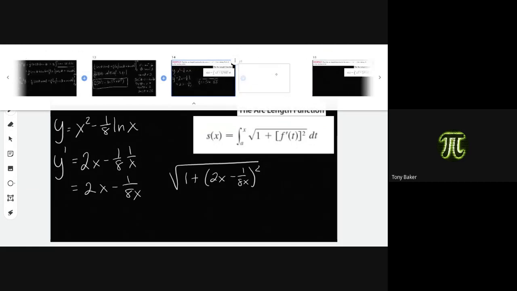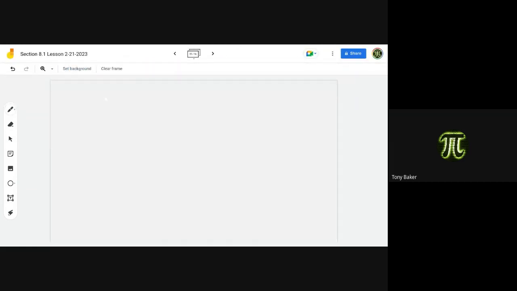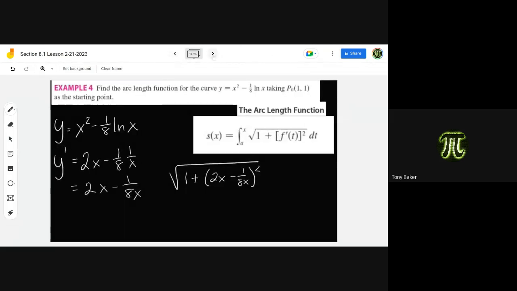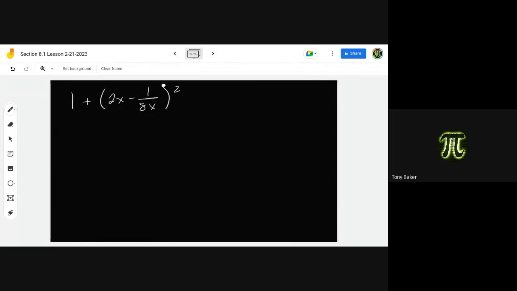let's just do this on a different screen. So I had 1 plus 2x minus 1 over 8x, squared, right? Yeah. All right, so 1 plus, so that's the same thing as saying that times that. So 2x times 2x is 4x squared. 2x times negative 1 over 8x is negative 1/4.